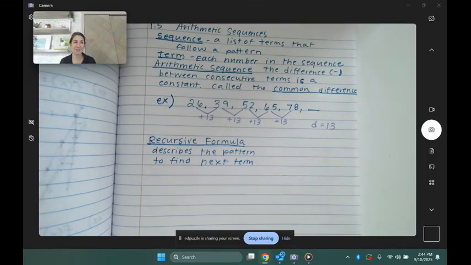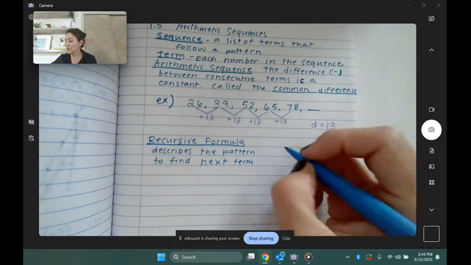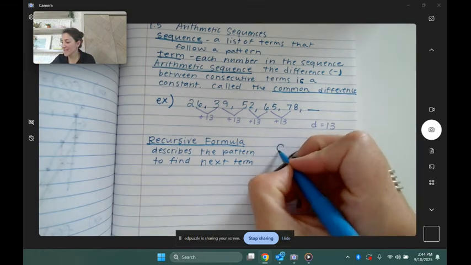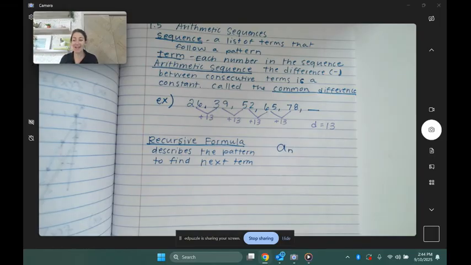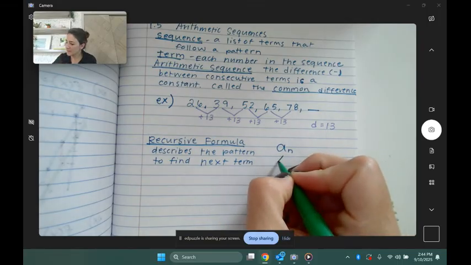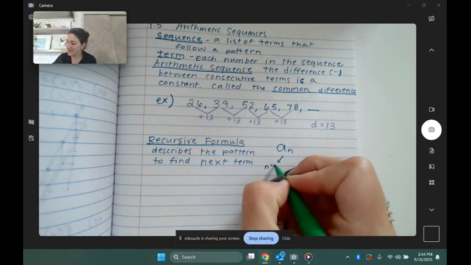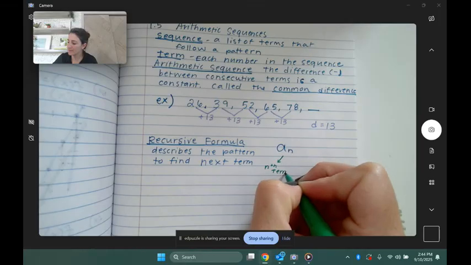Now, this is where it's going to get kind of fancy looking in terms of math. So, for example, a recursive formula to find a sub n. And this means the nth term in my sequence.